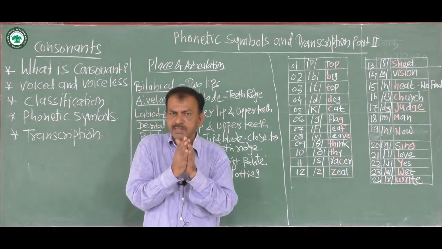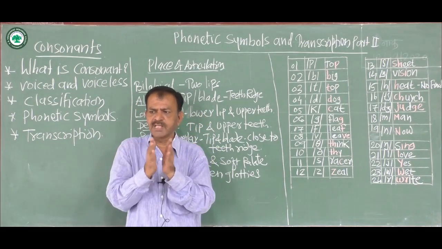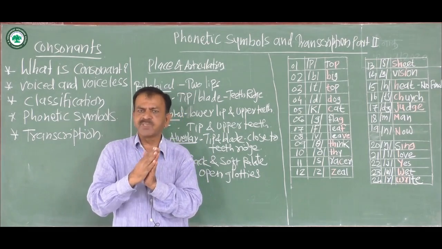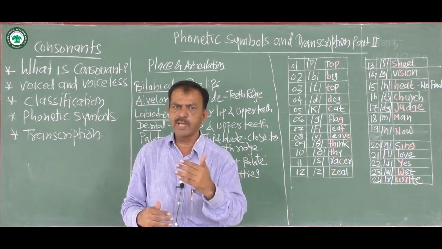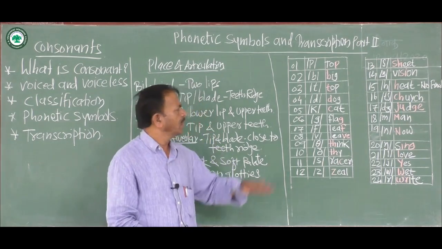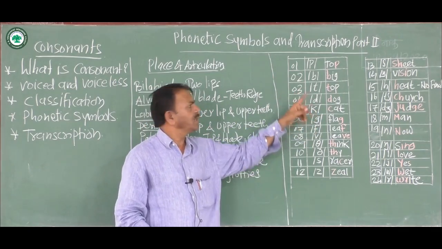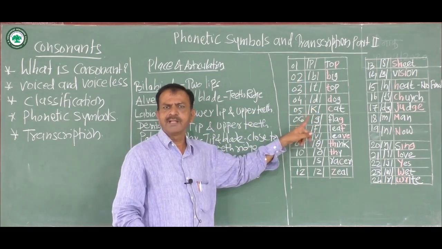When these articulators are separated, the air escapes with explosion. These sounds are known as plosive sounds. So these 6 are known as plosive sounds: P, B, T, D, K and G.